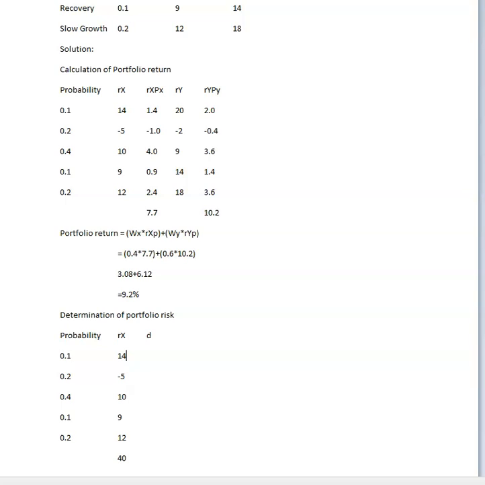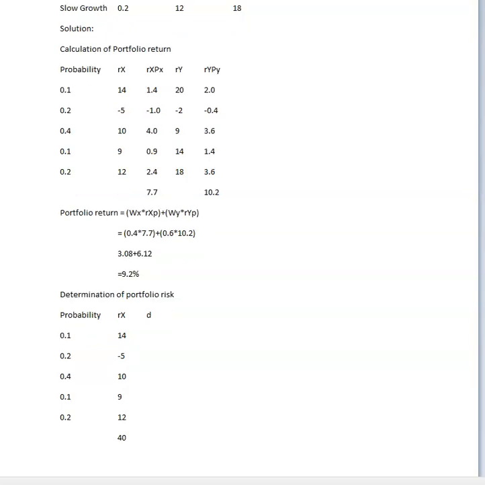If we have to calculate deviation, we have to calculate the average of the returns. So average return of X is equal to sum of X returns divided by the number of items.